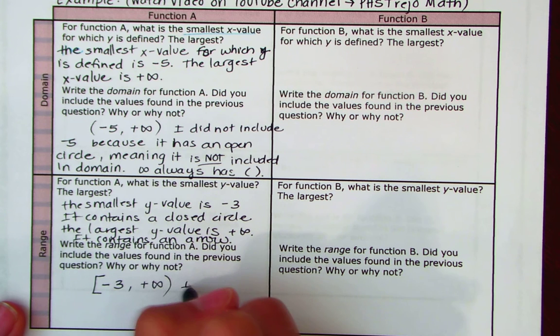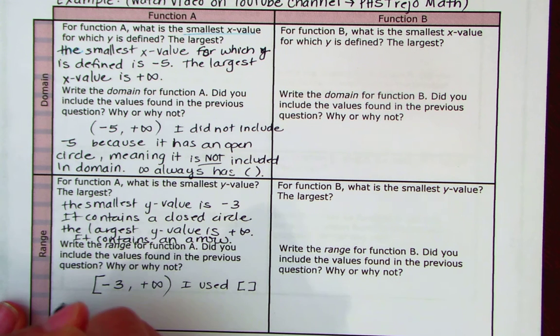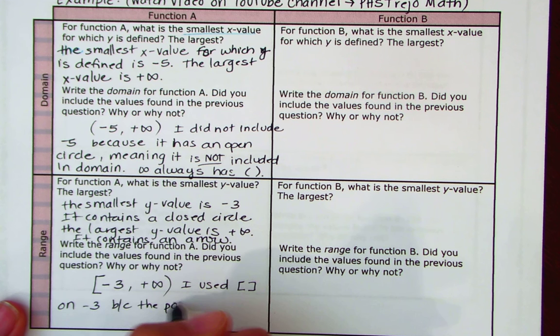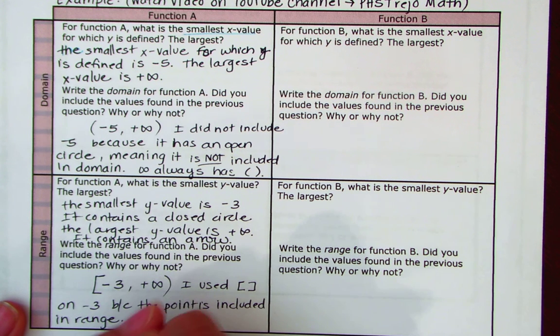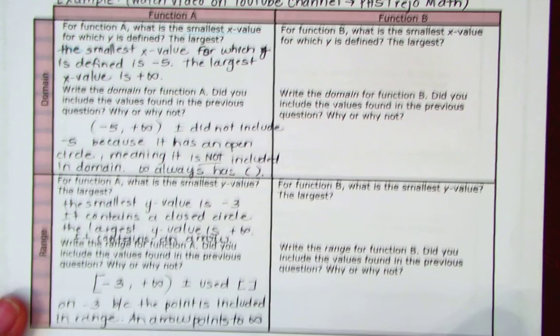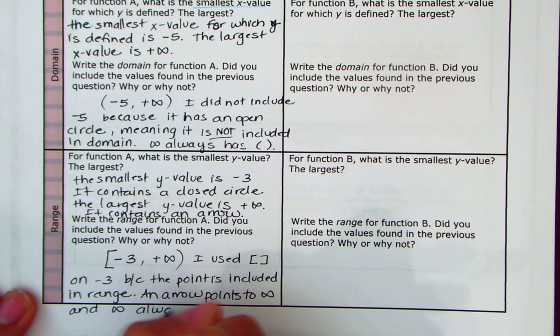So you're going to say, I used brackets on -3 because the point is included in the range. An arrow points to infinity. And infinity always has parentheses.